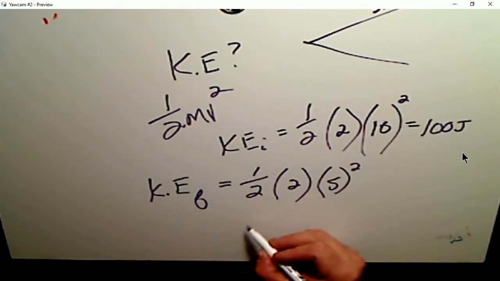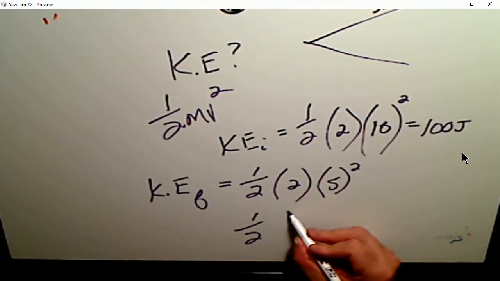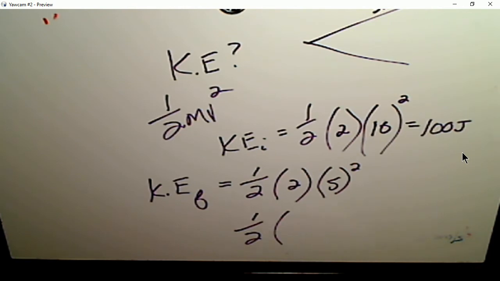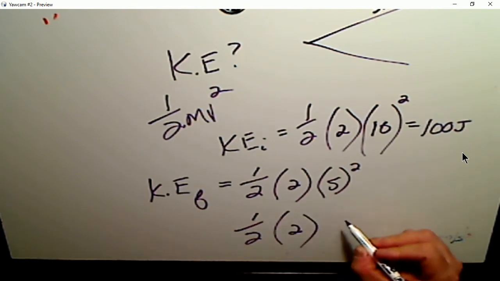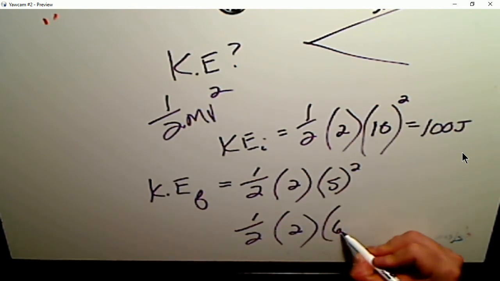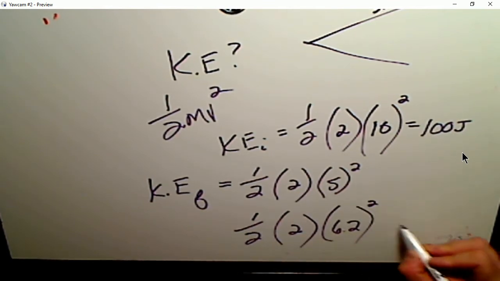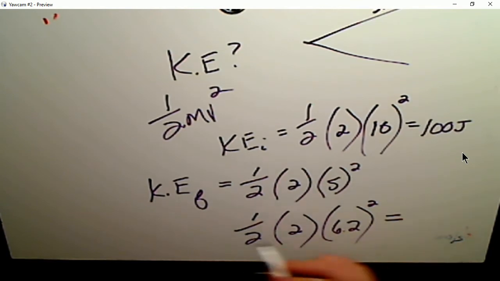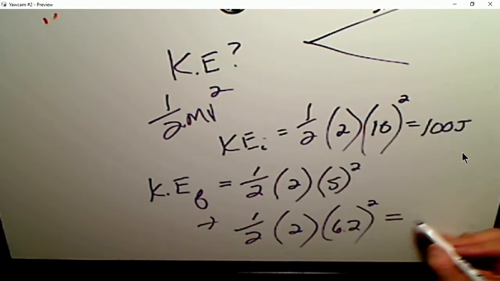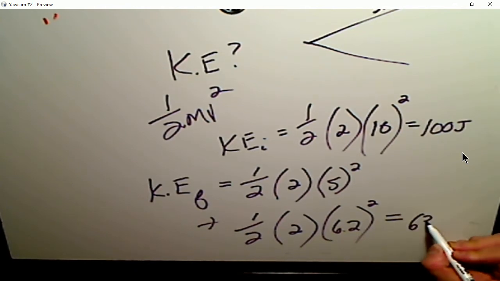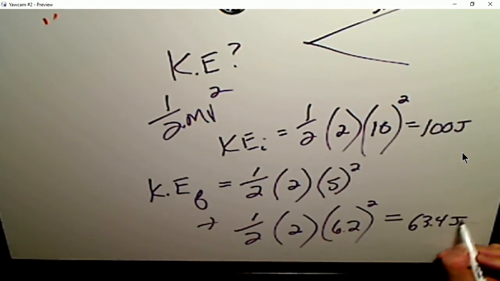And then you have to add in the kinetic energy of the second ball: 1/2 times 2 times the second ball going at approximately 6.2 meters per second, squared. If you add those two together, you get 63.4 joules.